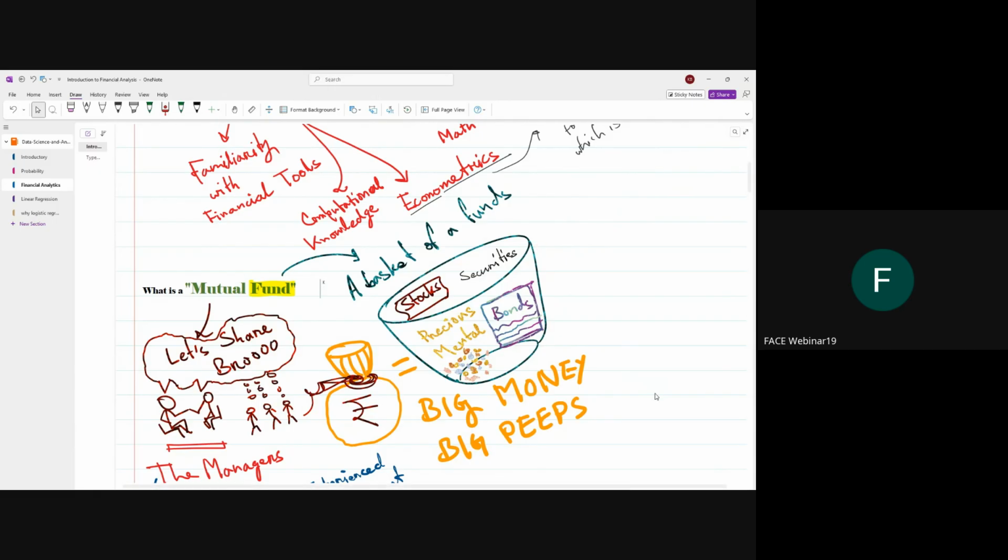So basically you give loans to the corporates or funds in the form of securities. I'm kind of generalizing it so that you guys can understand in a better way.